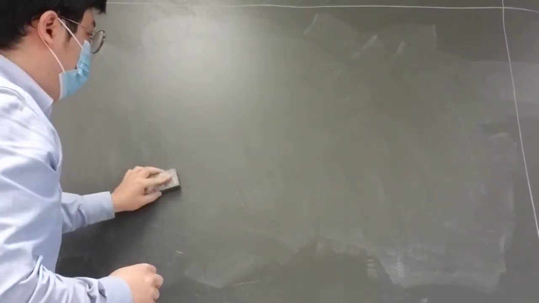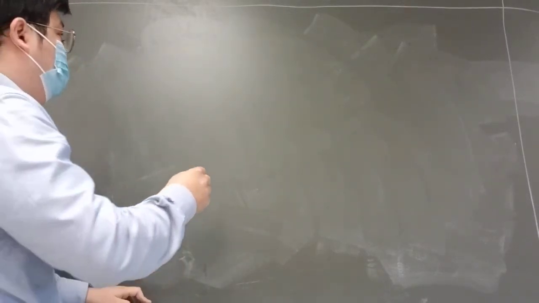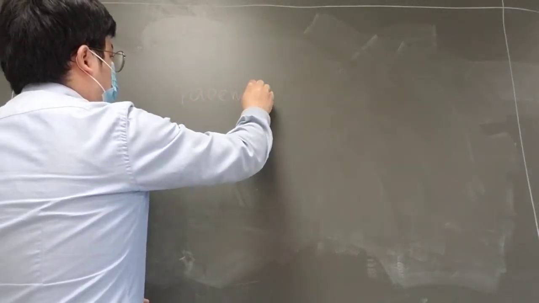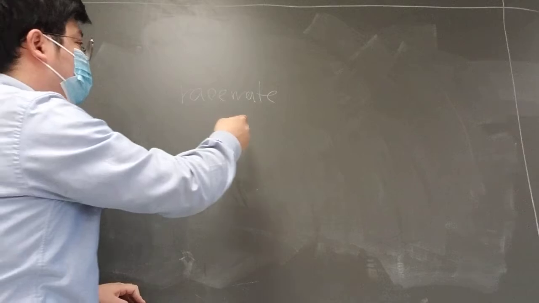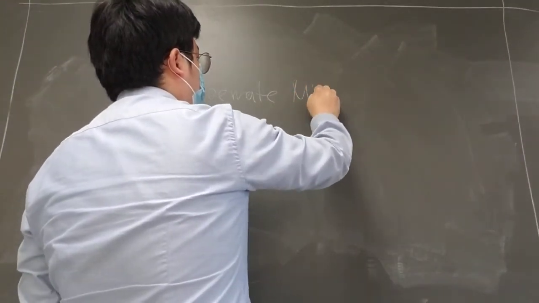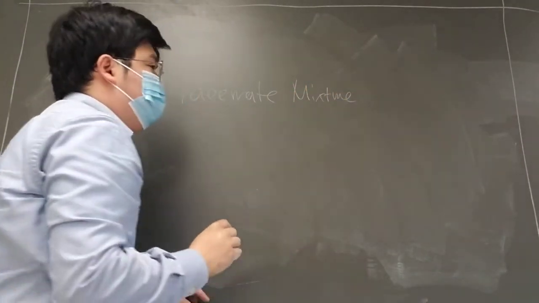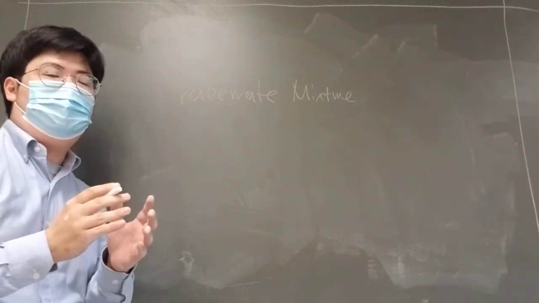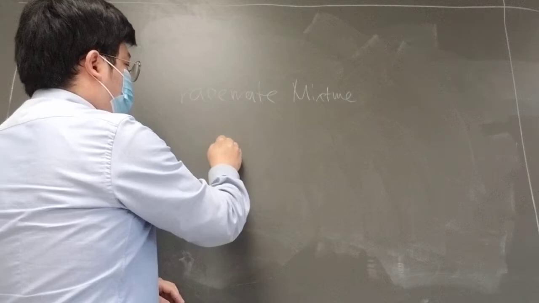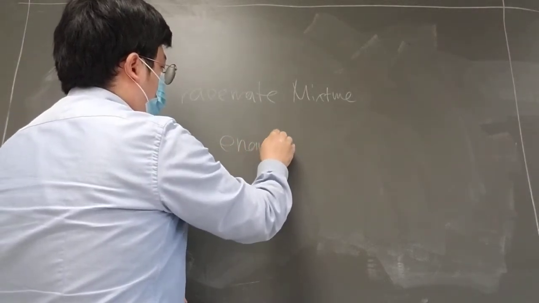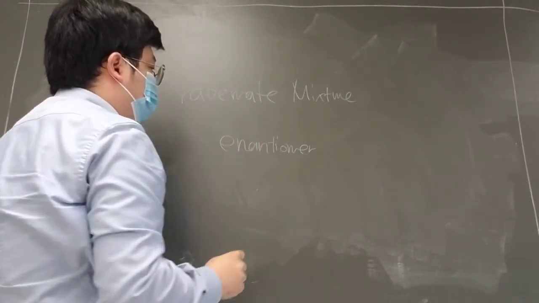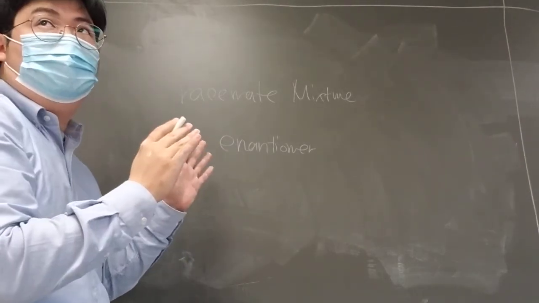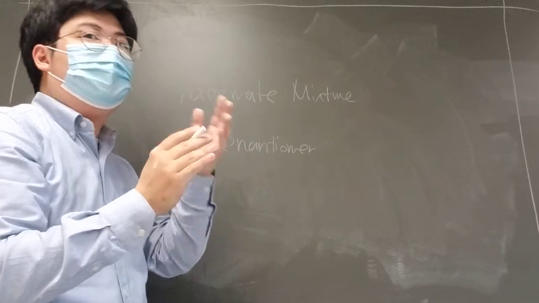Okay. So the second last one in here is actually called the racemate mixture. This is a mixture of enantiomers. Like I said before, I'm not going to make a very serious problem about this one, because we'll cover it later.